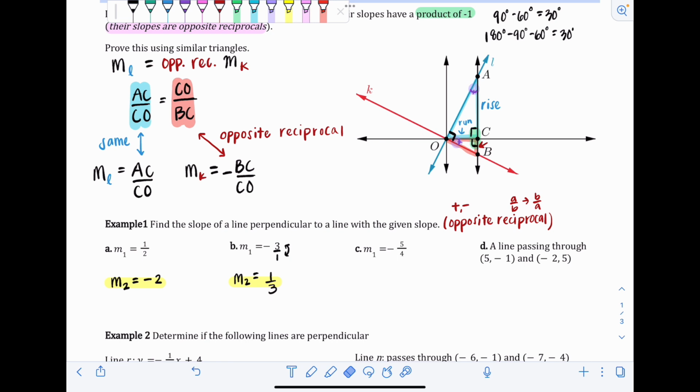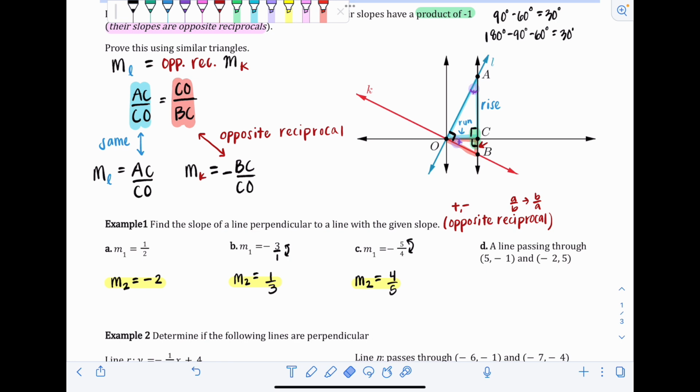And then for C, M1 is -5/4. Since this was negative, our new slope will be positive. It's the opposite sign, and then we take that fraction and flip it upside down. So it'd be +4/5. So the slope of line 2 would be 4/5.